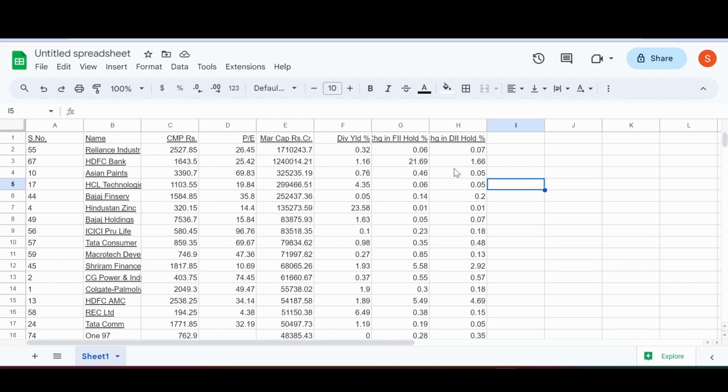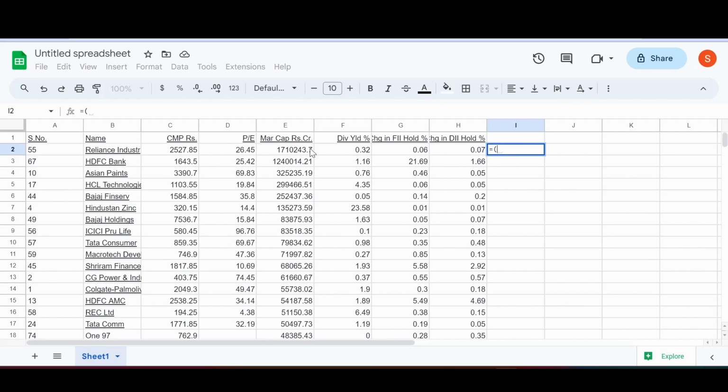Here we are going to take the average increase of DIIs and FIIs based on the market cap. Don't worry about the formulas and all. I will share this Google Sheet with you, so you can refer to it.